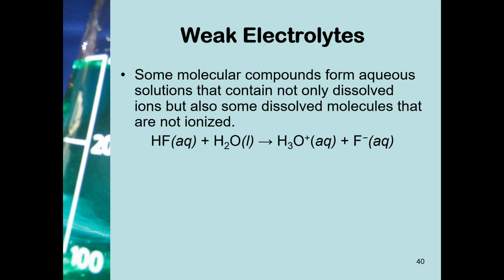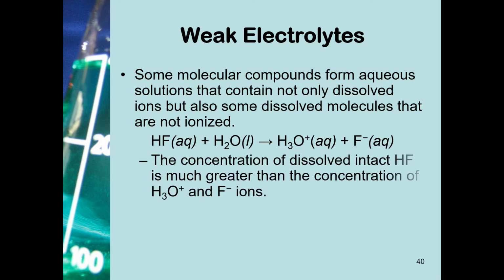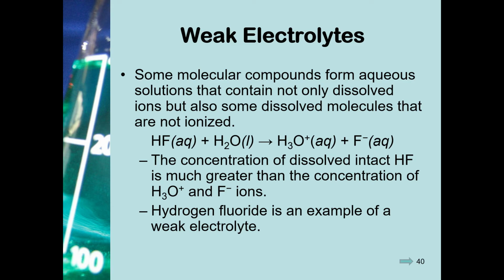So hydrogen fluoride, as we said, was a weak electrolyte. And yes, it will form hydronium ions and fluoride ions, but I will still have a lot of the HF left in solution. So the concentration of dissolved intact HF is greater than the concentration of the hydronium ion or the fluoride ion. So hydrogen fluoride is going to be an example of a weak electrolyte.